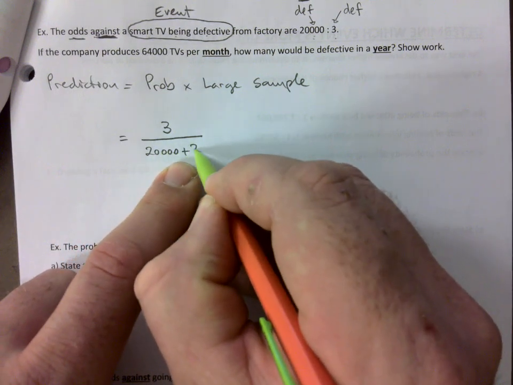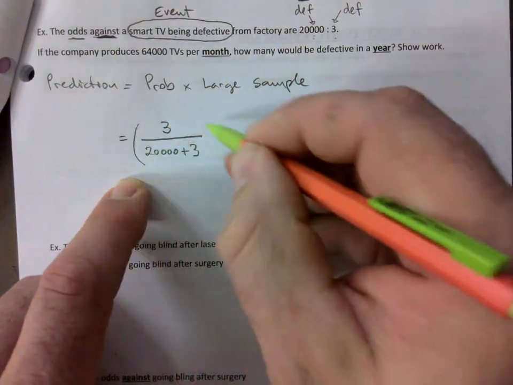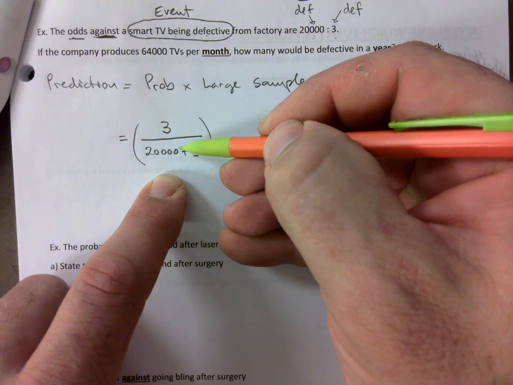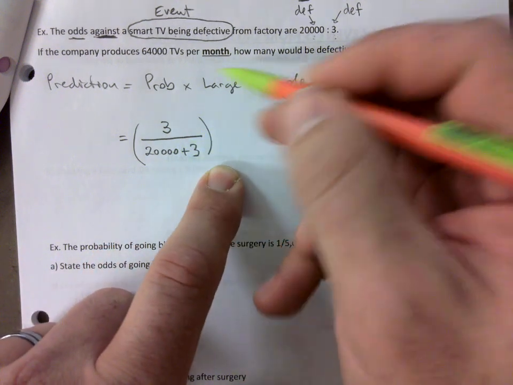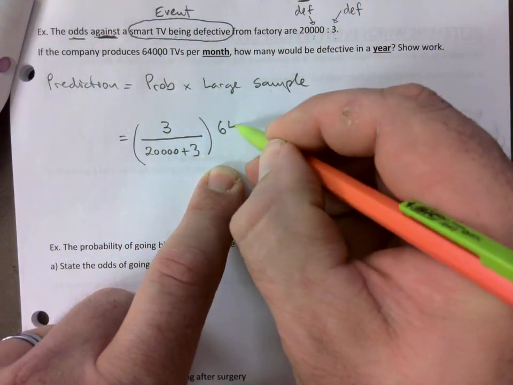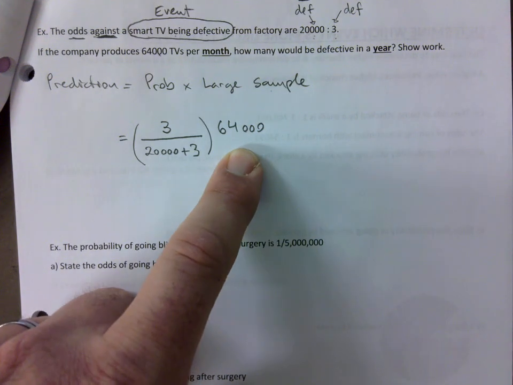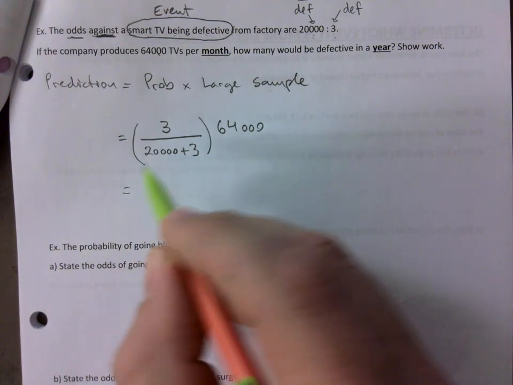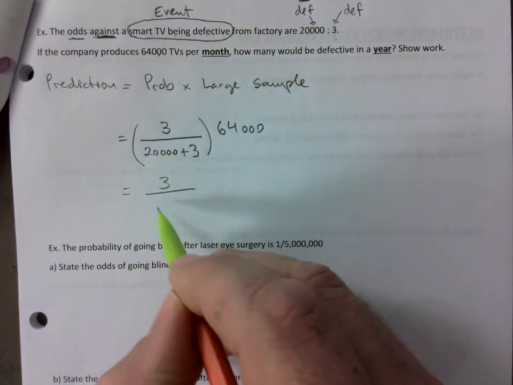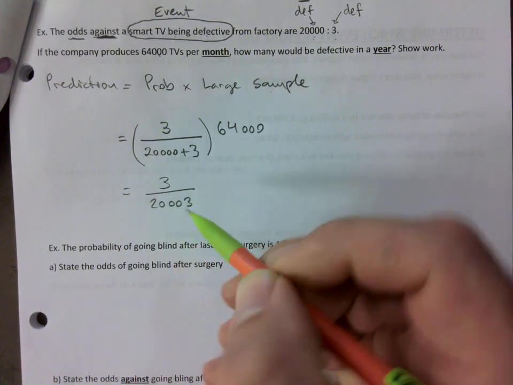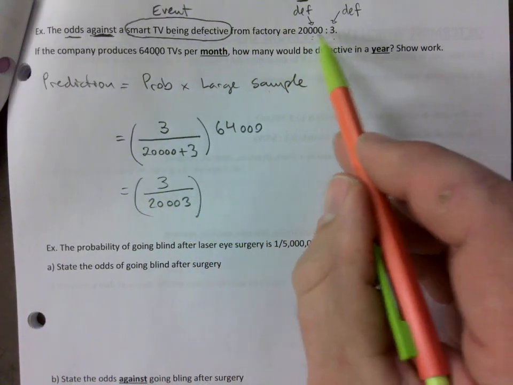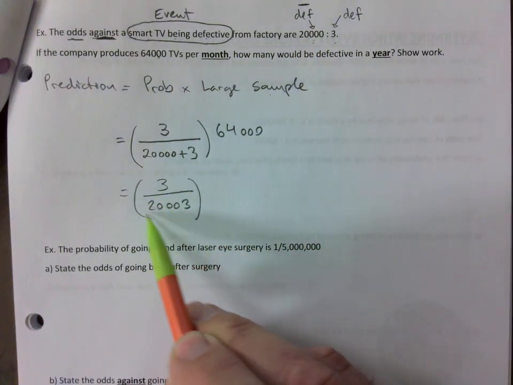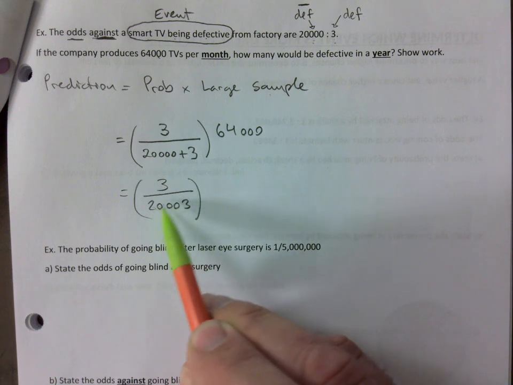So make sure you show that. This is my probability of them being defective, and the large sample is 64,000. And I know you may have solved this differently. I don't really care how you do it, as long as you come up with the same answer, because I do know it can be done differently. 3 stays, and the bottom is 20,003 TVs. So when you see the odds here, you're technically considering 20,003 TVs.